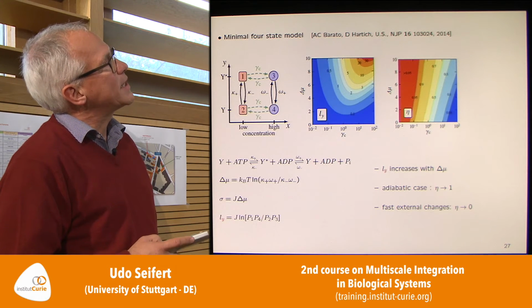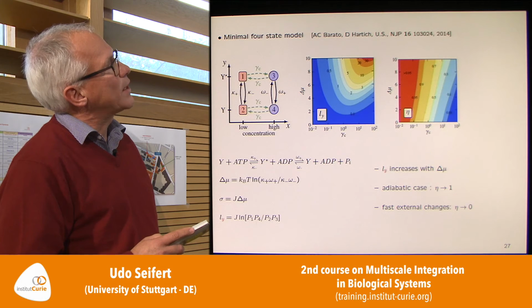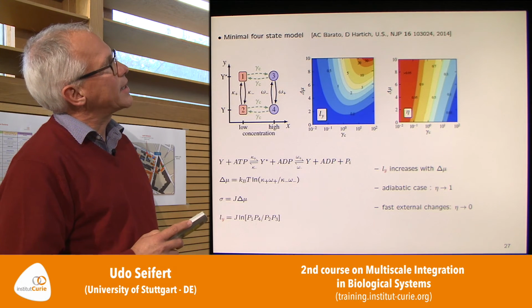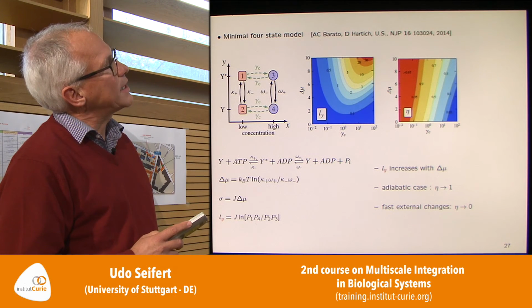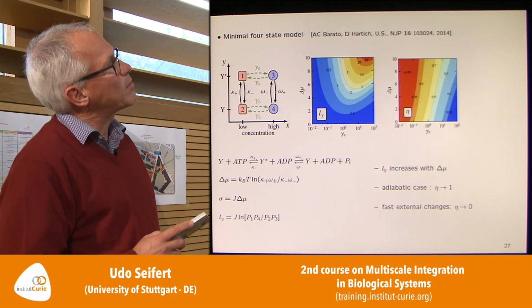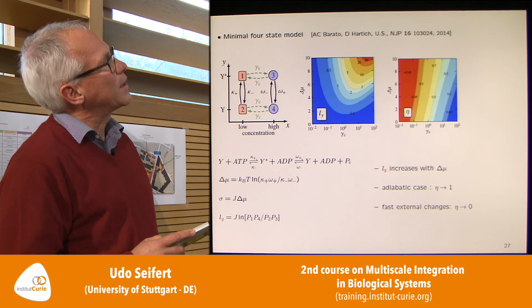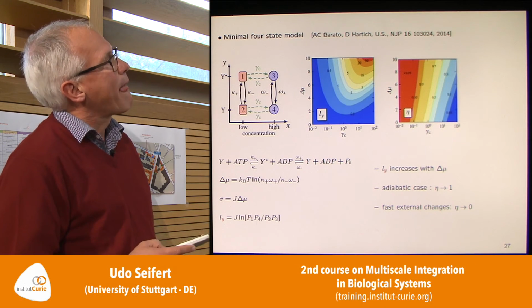And what we want is that if the external concentration is high, the protein is in its normal state. And when the concentration switches to low, it gets phosphorylated and then it ends up in this Y star state. So again, in this non-equilibrium steady state, at the end, we want a high probability here on the diagonal, so that by knowing the Y state, you can infer the external state, and a low probability on the non-diagonals.